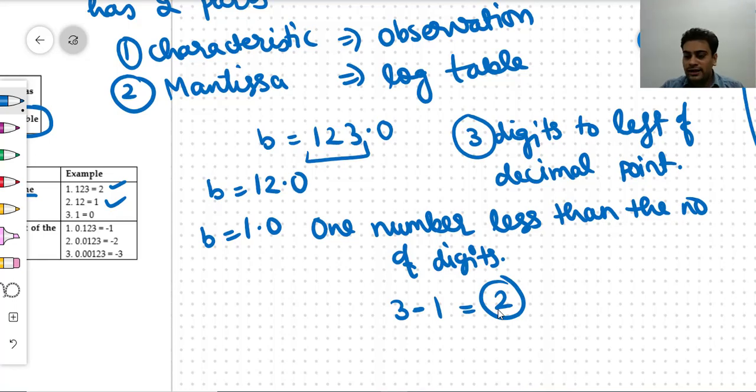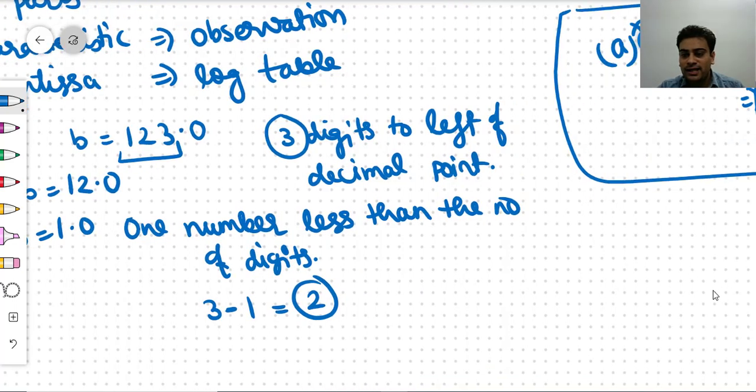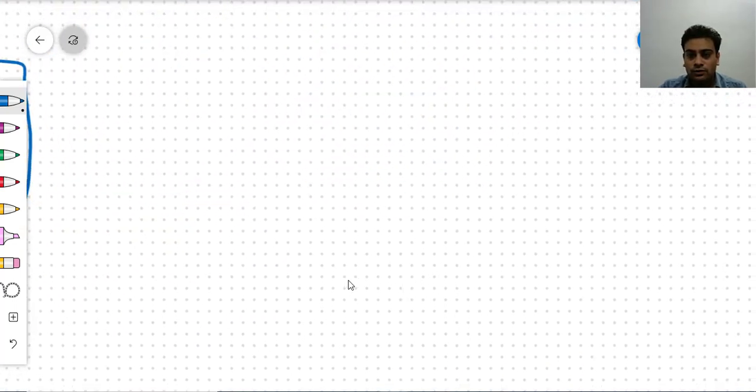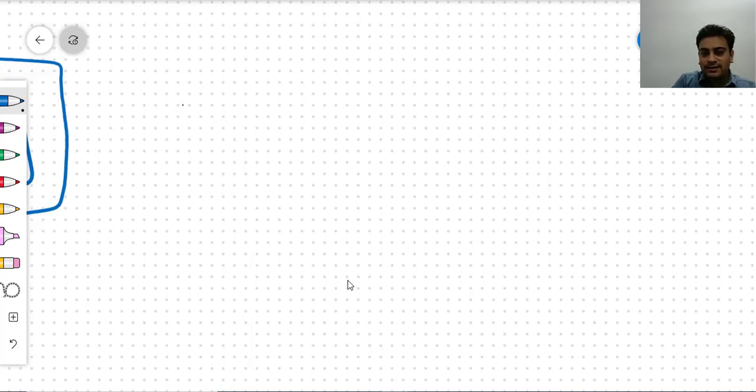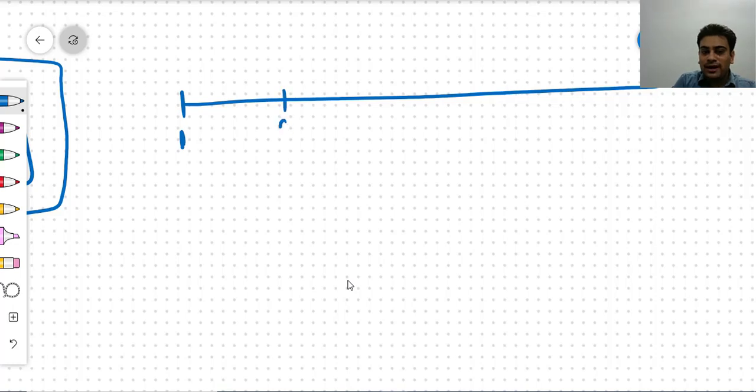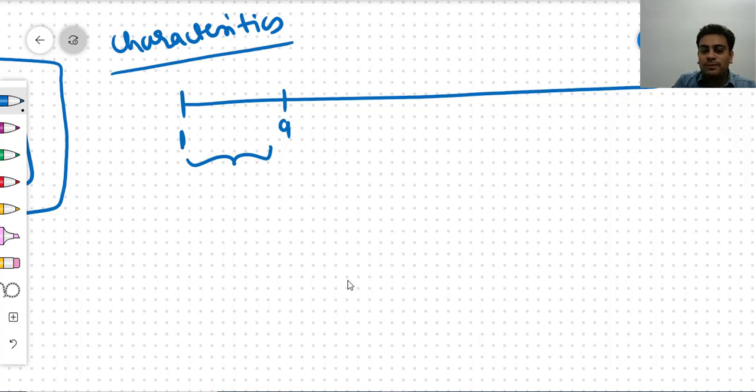Clear? In another way, it will be easy for you to remember. Let's say I draw a number line. If a number is between 0 and 9, so only a single digit, the characteristic will be 0.